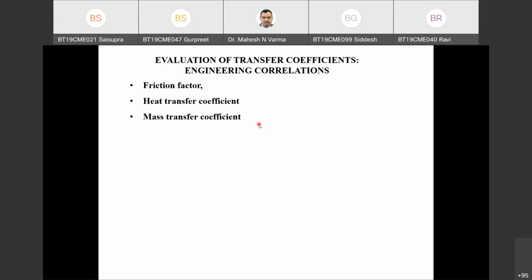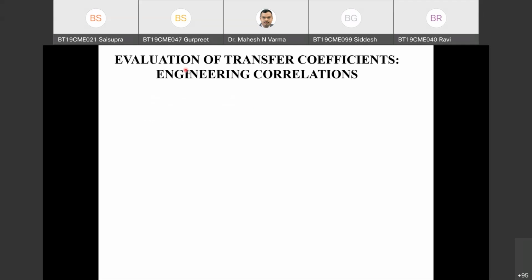The equation will change from system to system. The robustness of a given equation depends upon the range of the experimental observations considered while doing the experiment.